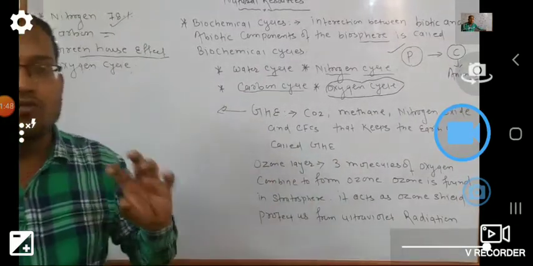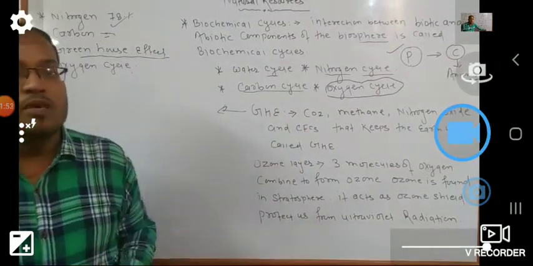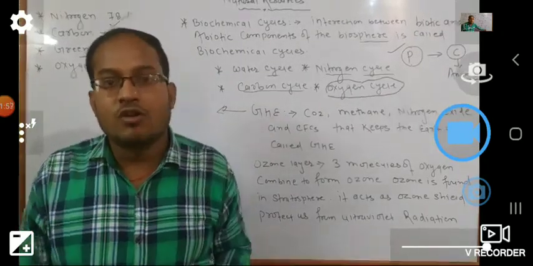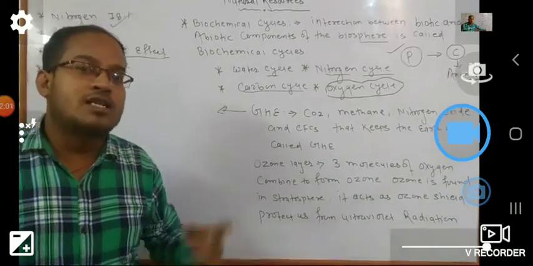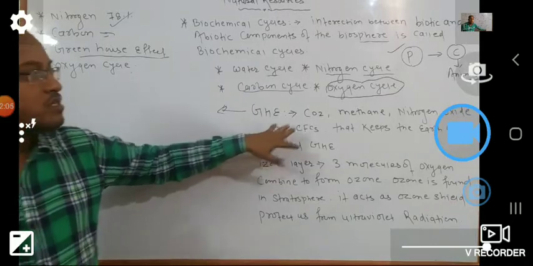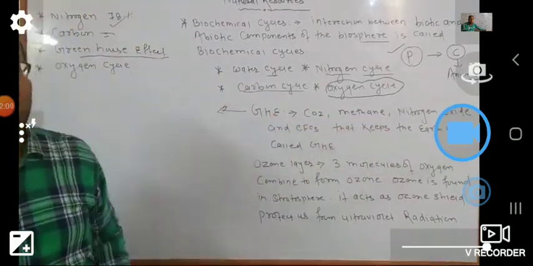Global warming is also a term which is related to the greenhouse effect. But global warming means there is a high intensity of radiation. Due to the high intensity of radiation our earth will become very warm, बहुत गर्म हो जाता है, that causes global warming. But in greenhouse effect it is the effectiveness of gases that causes it.